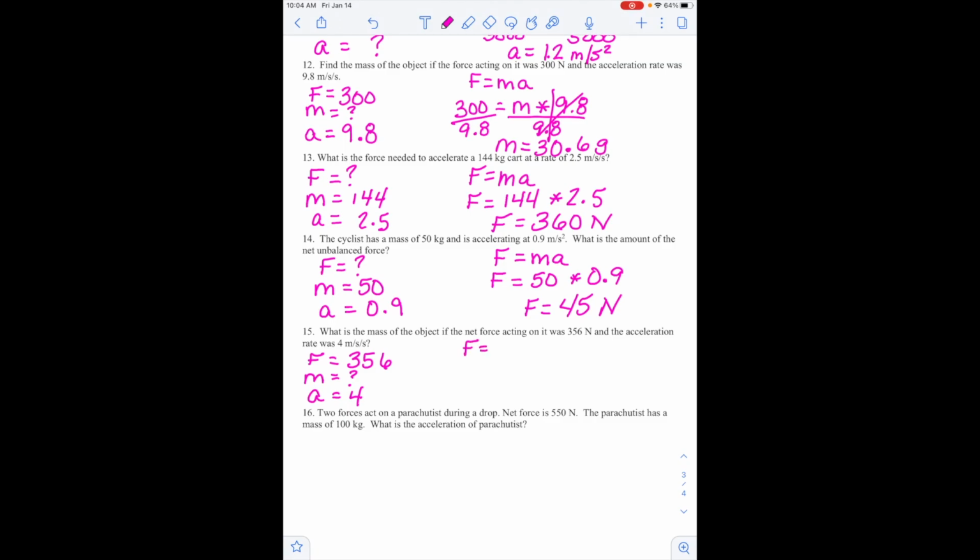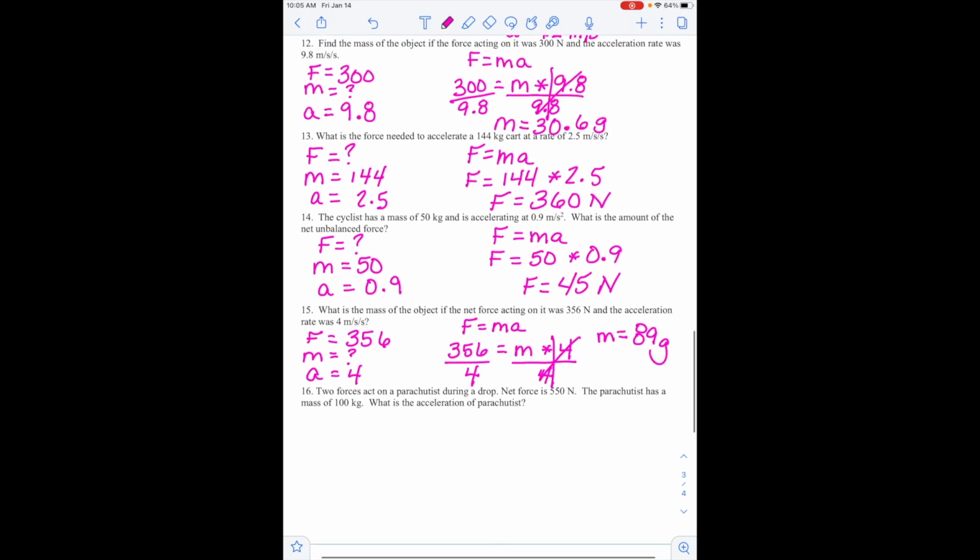So our formula, F equals ma. 356 is our F. We are looking for our m, and our a is 4. We're going to divide both sides by 4 to cancel it out. On this side, get our m all by itself. 356 divided by 4 is 89. And we'll just throw kilograms on there and assume our unit.